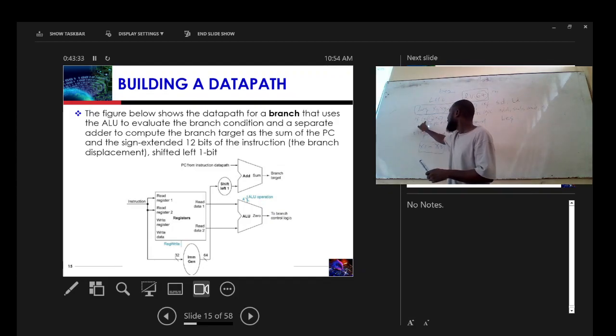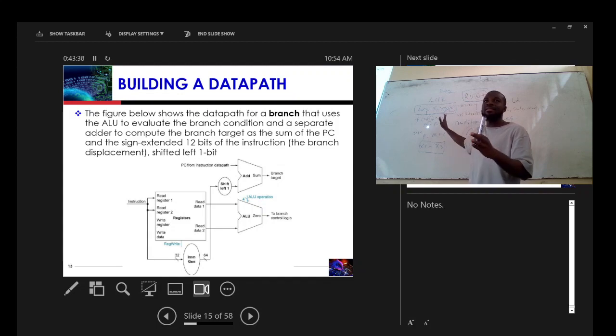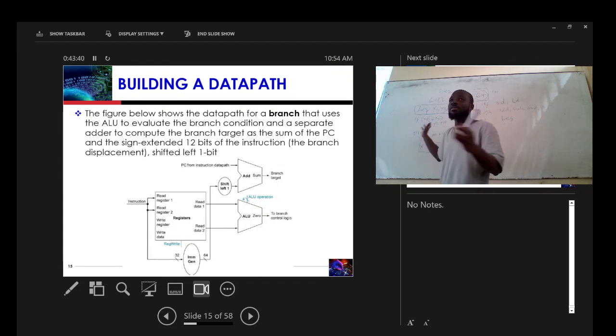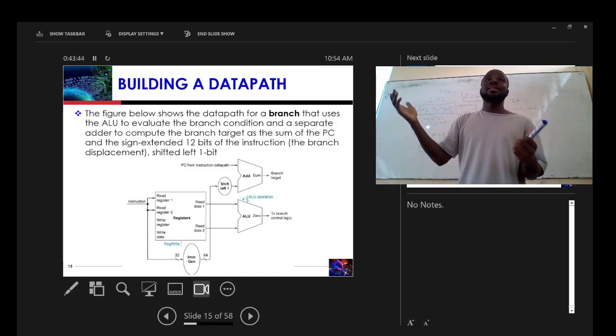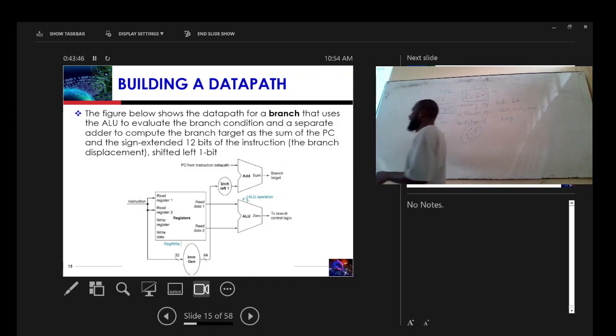Like if x1 is equal to x2, PC is equal to PC plus the 10 here, right? Else we do PC plus 4, right? Do we understand? So the instructions will be read first, like x1, x2 will be read.